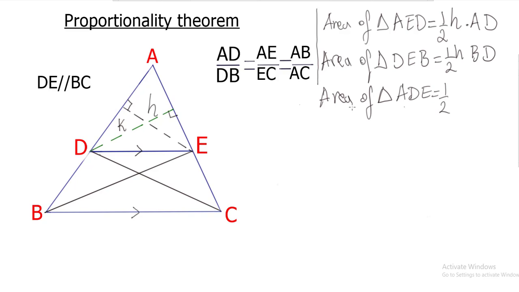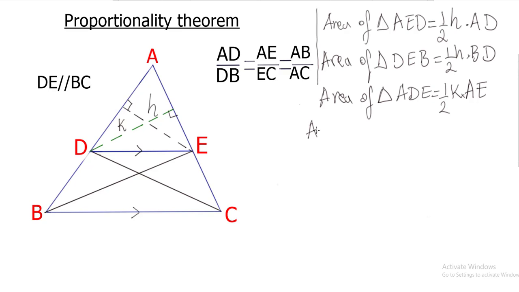So this will be 1/2. The height is K. And the base, because the height touches this line, we have AE, multiplied by AE.